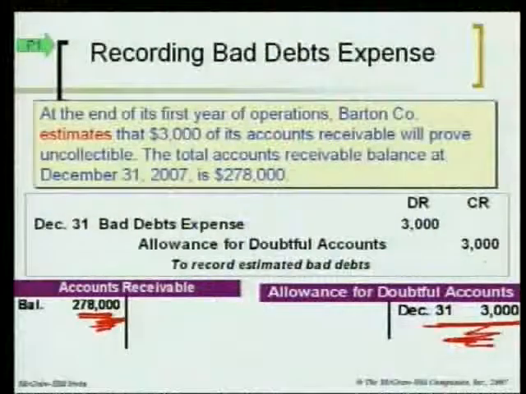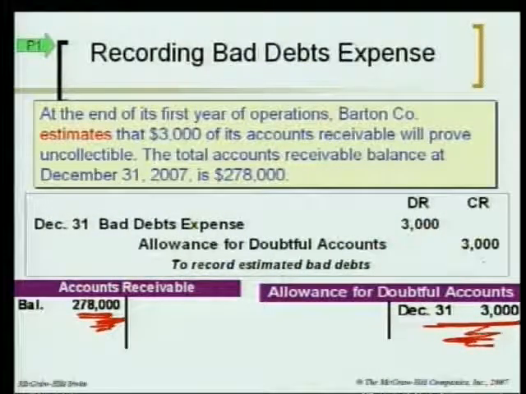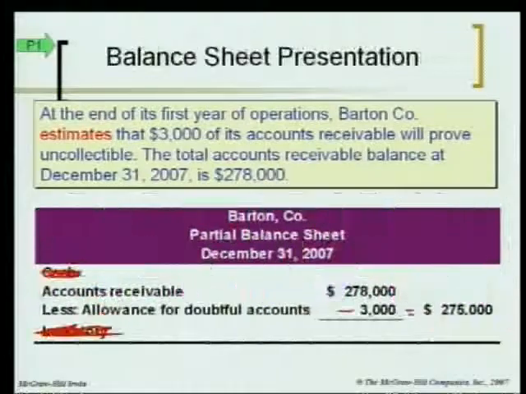We credit allowance for doubtful accounts. We do not have to go to anybody's detail and change the amount that they specifically owe us. And yet, on the balance sheet, the net AR is reduced. Do you understand, are you tracking with me, of why we use that allowance account? We can't credit AR because then we'd have to go to somebody's account.